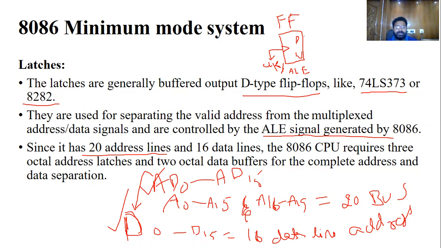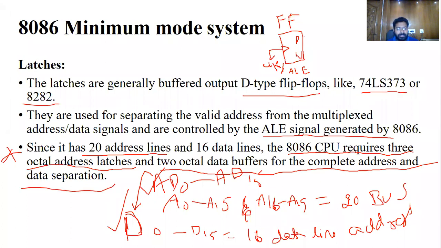This is the important point. For these 20 address lines as well as 16 data lines, the 8086 microprocessor requires 3 octal address latches and 2 octal data buffers for completing the address and data separation.